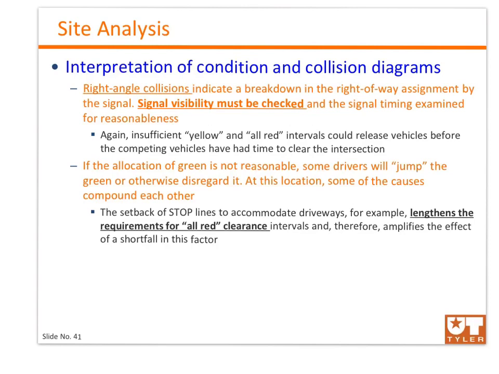And lastly, if you can come up with the conclusion that this location has a significant amount of accidents, how can I further study this by plotting and drawing the condition and the collision diagrams and look into the reasons for the accidents and how can we correct them. With this, we finished chapter 11. Thank you so much.